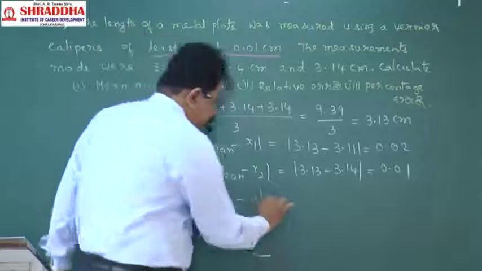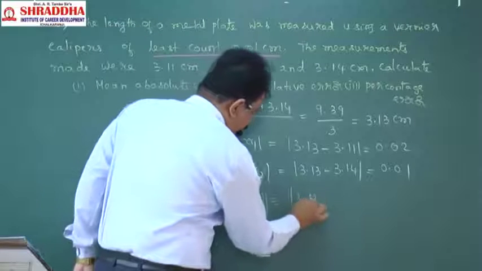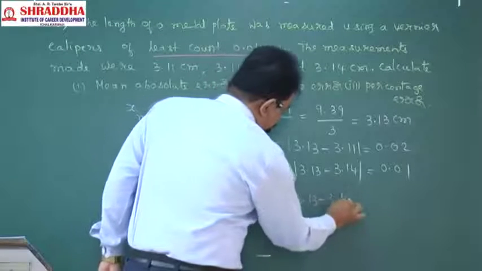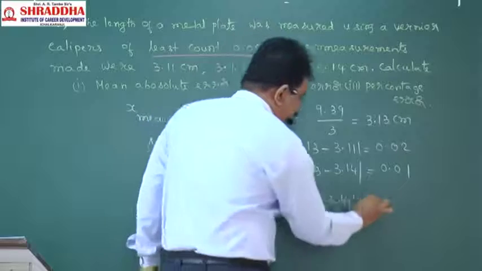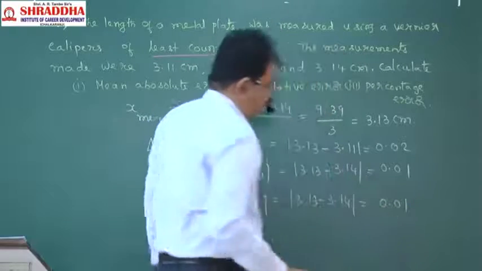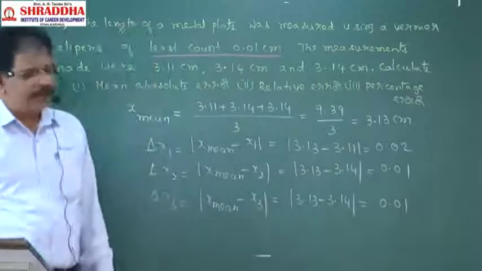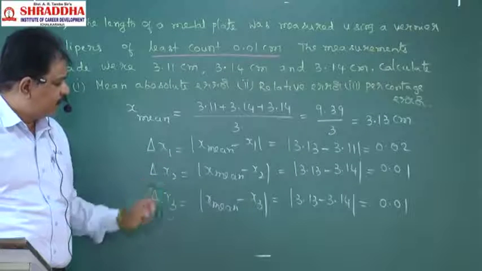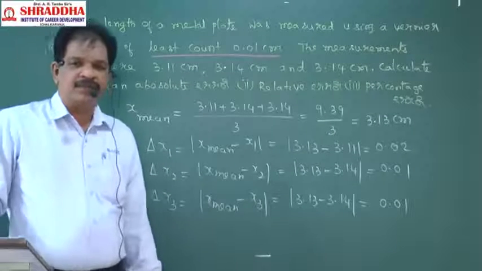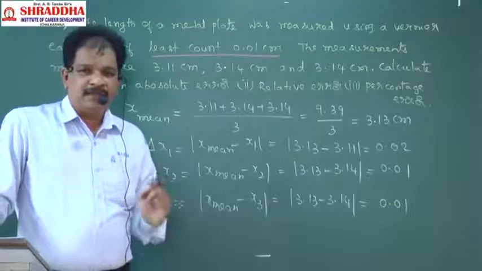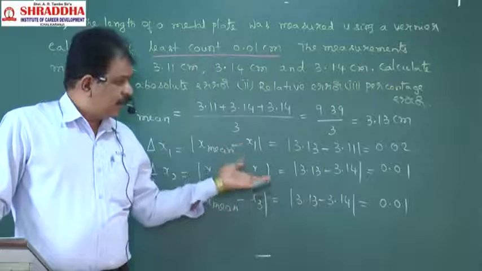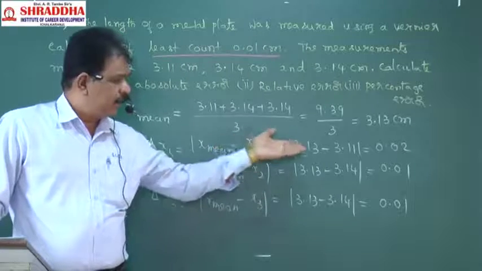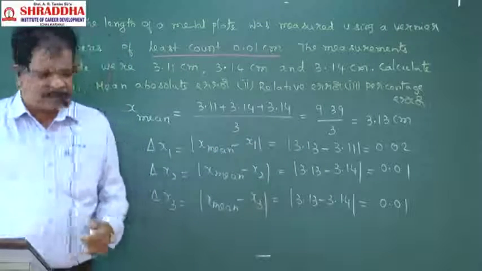So this is equal to 3.13 minus 3.14. This is also 0.01. So we calculated absolute errors in each measurement. Then we can find the mean absolute error.